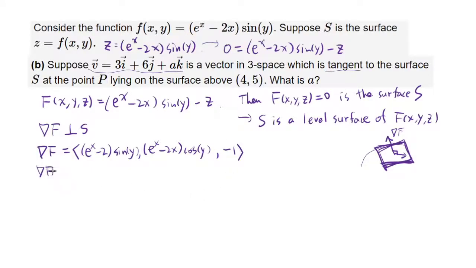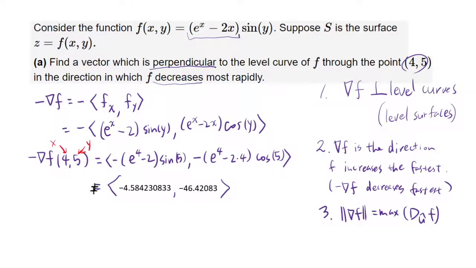And then when you evaluate this at 4, 5, which means x is 4 and y is 5, it will be e to the 4 minus 2 sine 5. These are the ones that I used the calculator to evaluate, right? So e to the 4 minus 2 times 4 cosine 5, and then negative 1. And that means that I can just use my previous values. The only difference is here we had the negative, so we will have to copy these without the negative values.